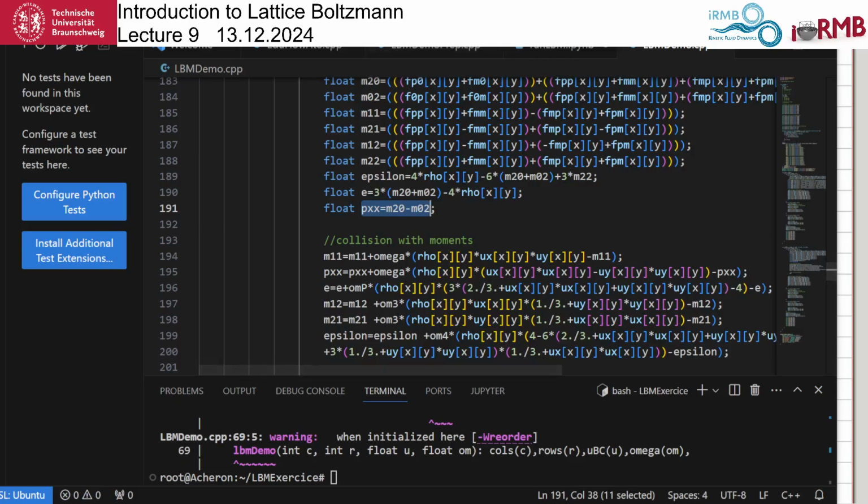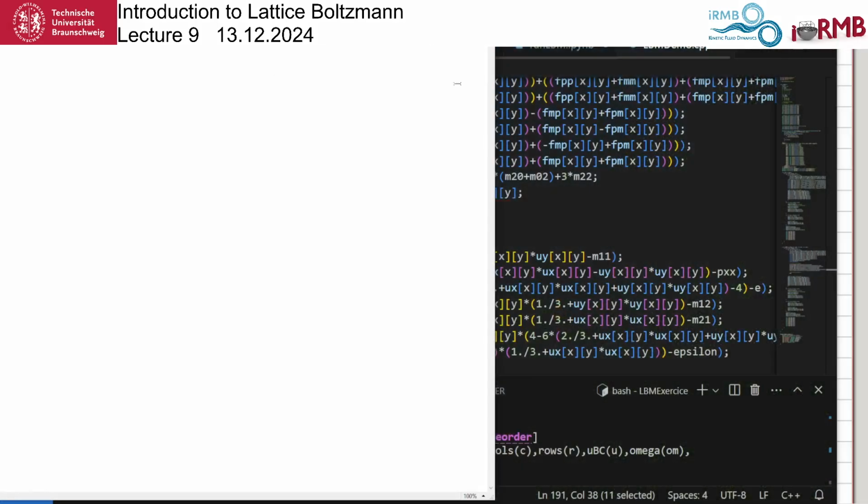We have these two. So Mathematica does not allow me to use the E because it has a different meaning. It's the exponent, right? So let's try to solve this E.